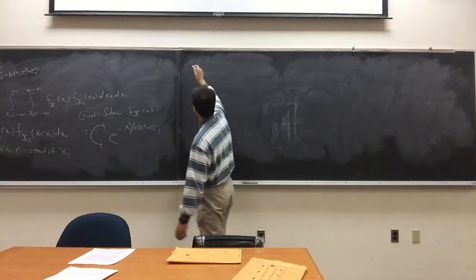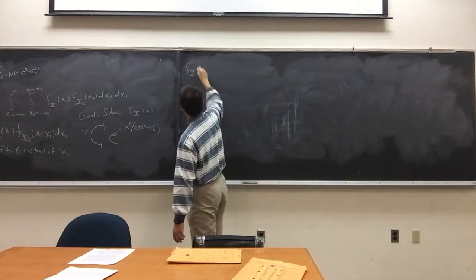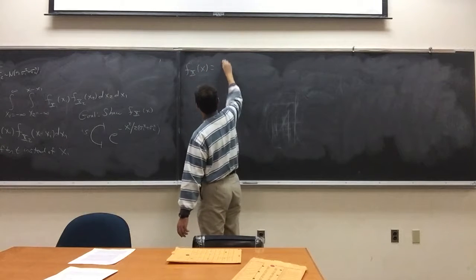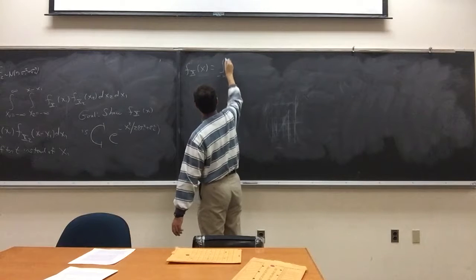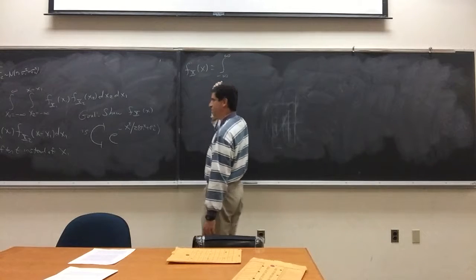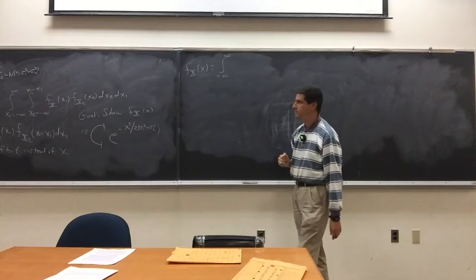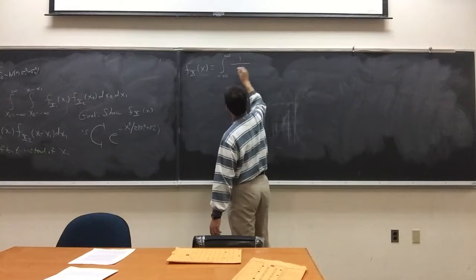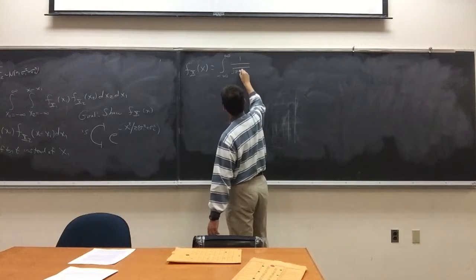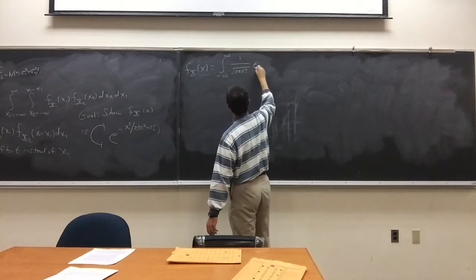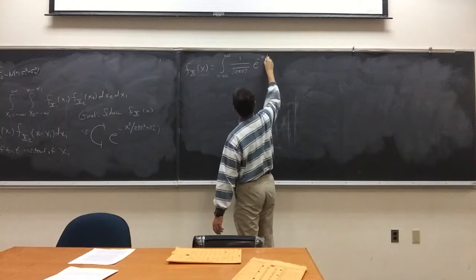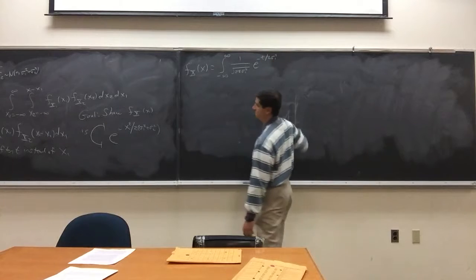Let's wish ourselves luck. Okay, so f of x of x is equal to the integral from minus infinity to infinity. I'm going to use the variable t. So the first one is I'm now replacing my density at t. So I'm going to get a 1 over the square root of 2 pi sigma 1 squared, e to the negative t squared over 2 sigma 1 squared.